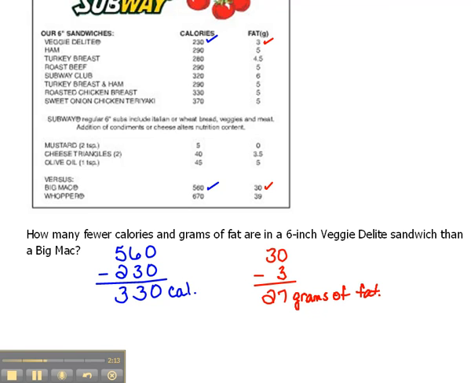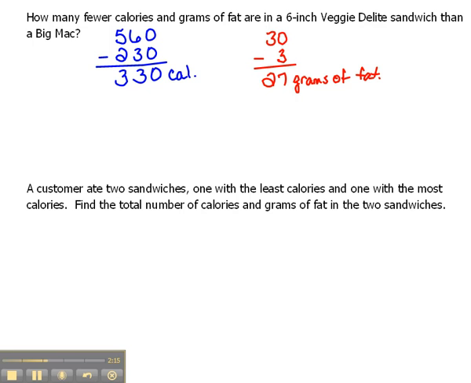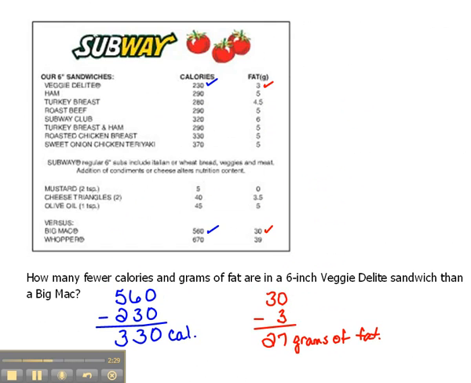Now we have one more question here. This question says, a customer ate 2 sandwiches, one with the least calories and one with the most calories. Find the total number of calories and grams of fat in the 2 sandwiches. Alright, so if we go up here and look at our chart again, let me erase those check marks there. They said that the customer ate the sandwich with the fewest calories.